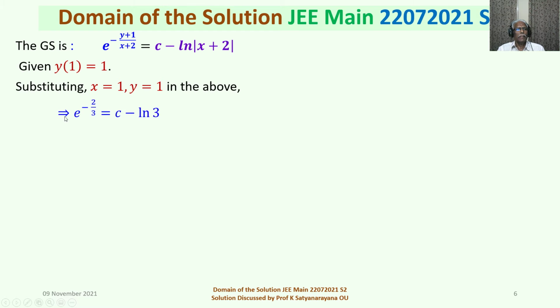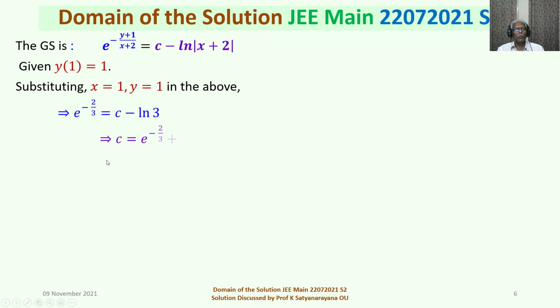Given y(1) = 1, that is, when x = 1, y = 1, we substitute x = 1 and y = 1 in the above equation. What do we get? We get e to the power of minus 2/3 is equal to c minus ln of (1 + 2), ln of 3.